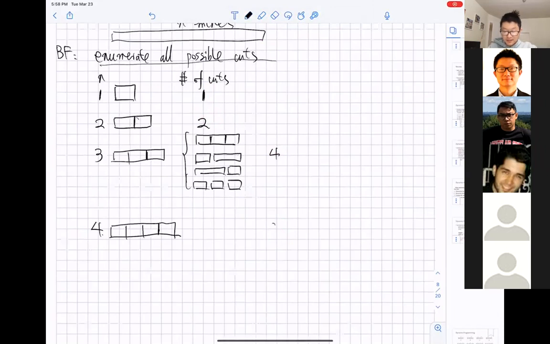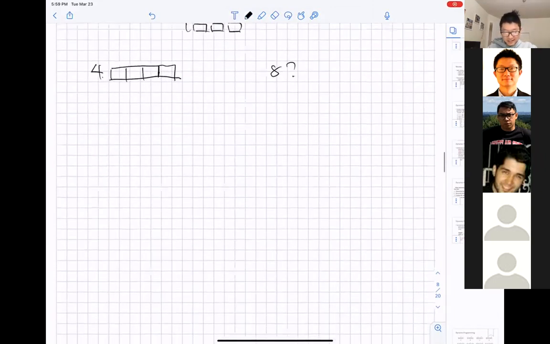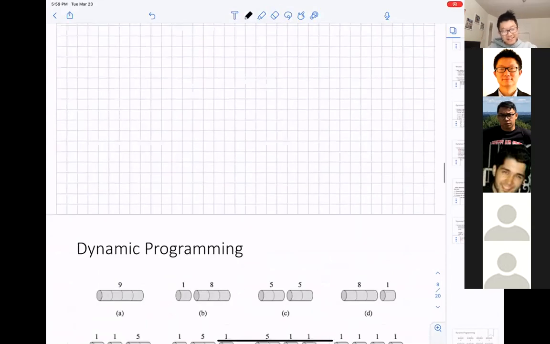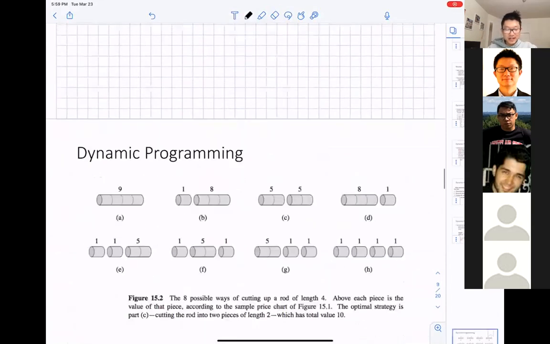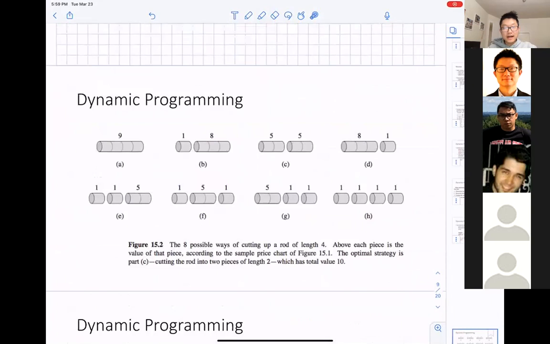So is this correct? I think it's 16. And let's say the answer is 8. Yes, there are 8 ways to cut it. So this is one way in which we do not cut it, and then we cut it into 1 and 3, 2 and 2, 3 and 1, 1 1 2, 1 2 1, 2 1 1, and 1 1 1 1.